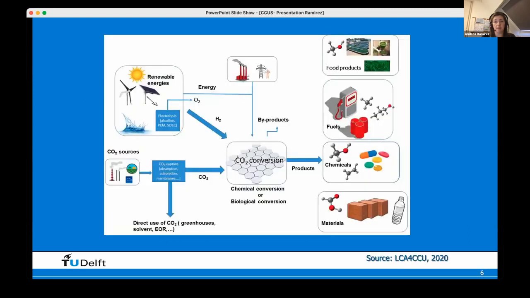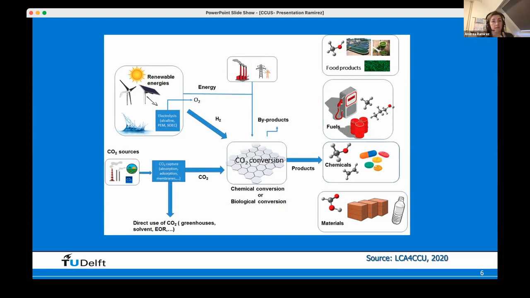I think it is inherent to the strength of CCU that it produces a lot of products. Therefore, it's very difficult to just say all of them together are the way to go. The assessment that we do from a life cycle point of view, but also from a cost point of view, tends to point out that it's very case related.